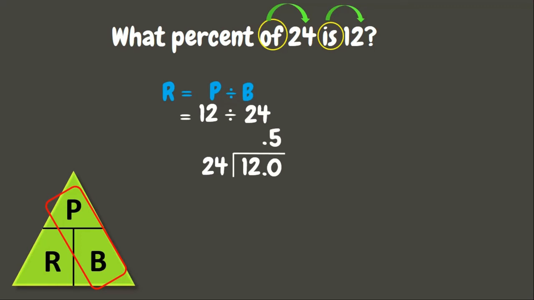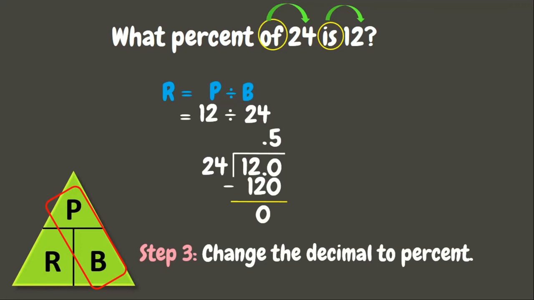5 times 24 is 120. 120 minus 120 is 0. Now to get the percent or the rate, we need to change the decimal to percent.